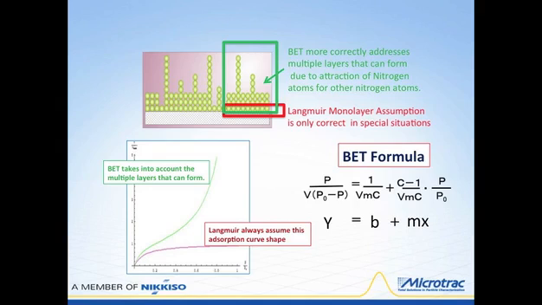So the BET formula, after you go through the derivations, can be put into the form of a straight line. In general, for those of you in research, you realize that being able to put data into a linear regression or something of that nature makes data calculations much easier.